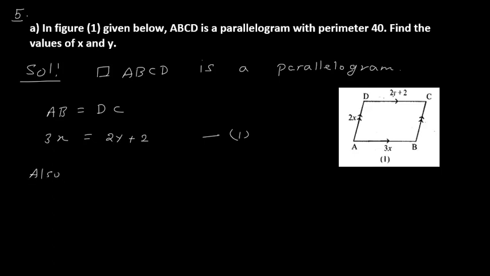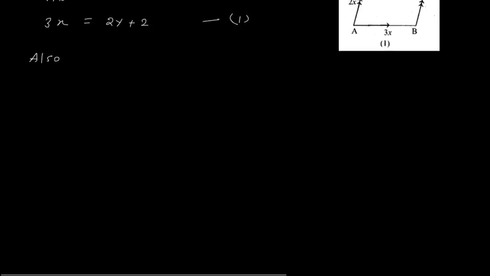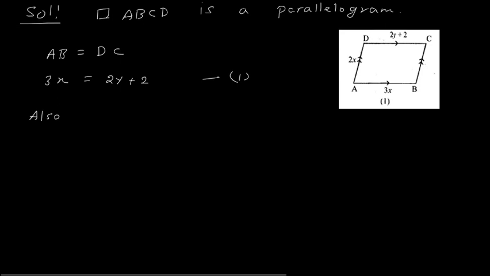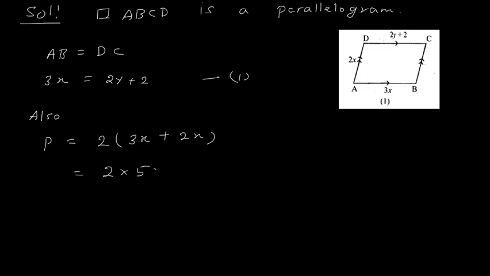Also, the formula for perimeter P is 2 times length plus breadth. So for any two adjacent sides, one adjacent side is of length 3x, the other is of side 2x, so 2 times 3x plus 2x gives 2 times 5x.